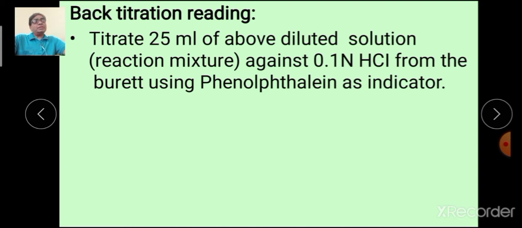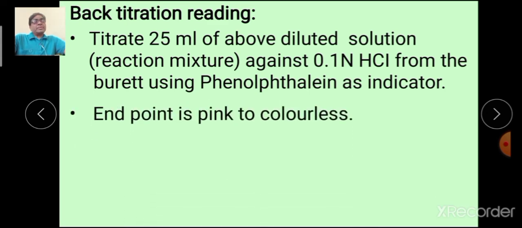Now, in the burette we have filled acid, and in the titration flask we have taken the reaction mixture containing alkali, and therefore when we add the drops of phenolphthalein indicator, the pink color will be obtained in the solution.